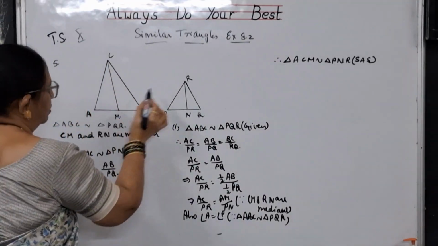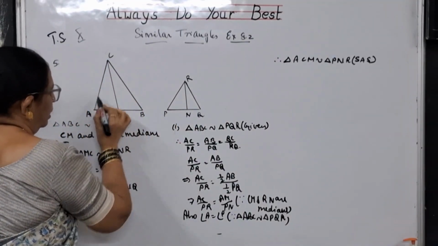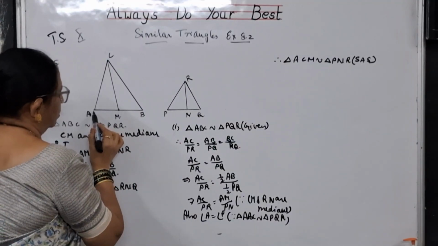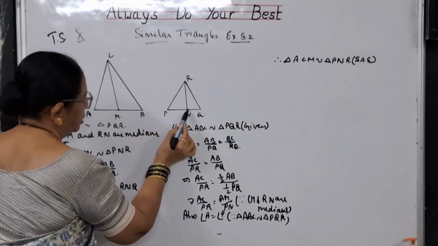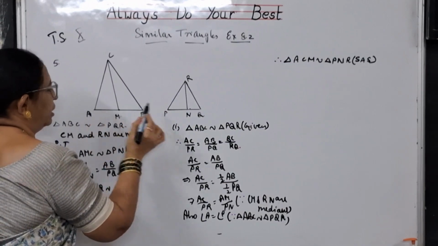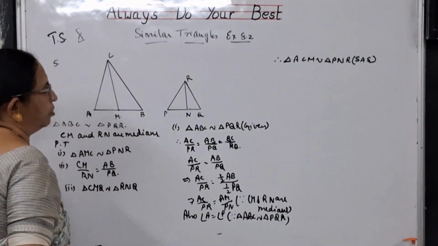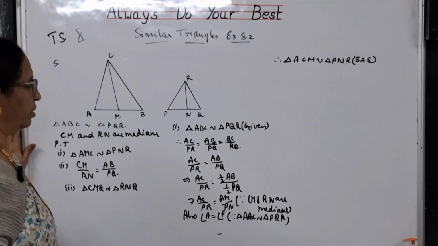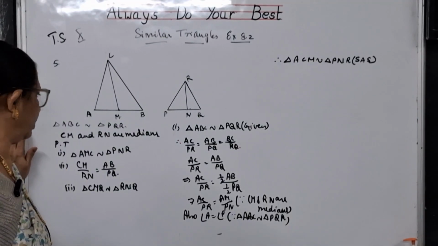We have proved that AC by PR is equal to AM by PN, and angle A is equal to angle P. So by the side angle side property, we could prove this. This is the first bit, children.